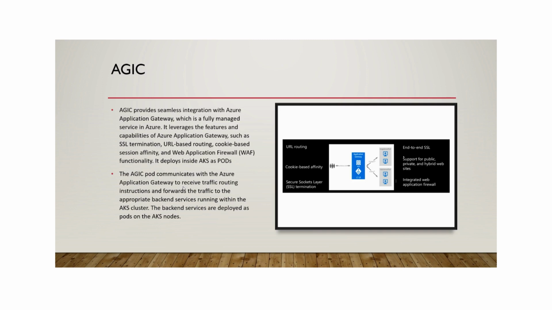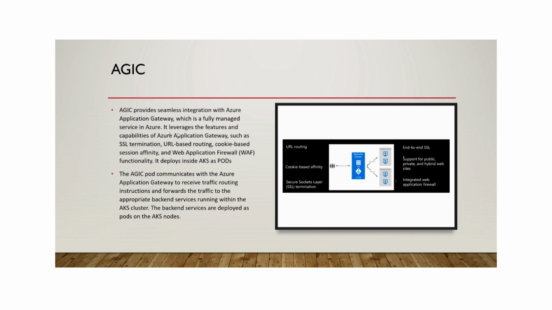Application Gateway supports URL routing, cookie based affinity, SSL termination, and end to end SSL. You will get these features from the Application Gateway. And obviously, as you are using Azure Kubernetes Service, it would be better to use Application Gateway Ingress Controller, because Application Gateway is one of the features of Azure, right? It is a fully managed service in Azure.